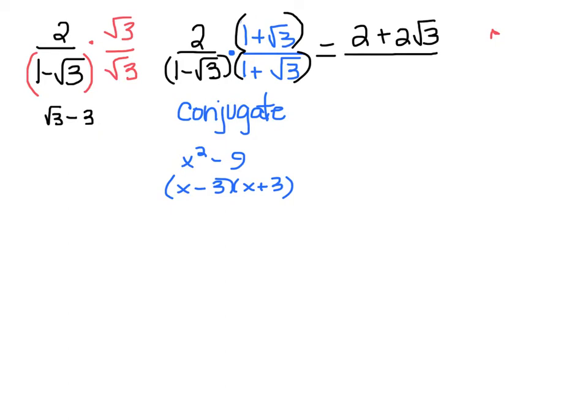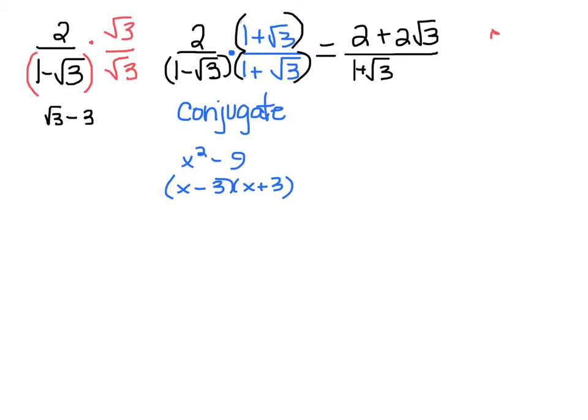In the bottom, remember that word FOIL that I said I would never say? I'm going to FOIL, but I'm going to call it distribute. I don't like the word FOIL, so I'm going to multiply the 1 times the 1, and then the 1 times the radical 3.